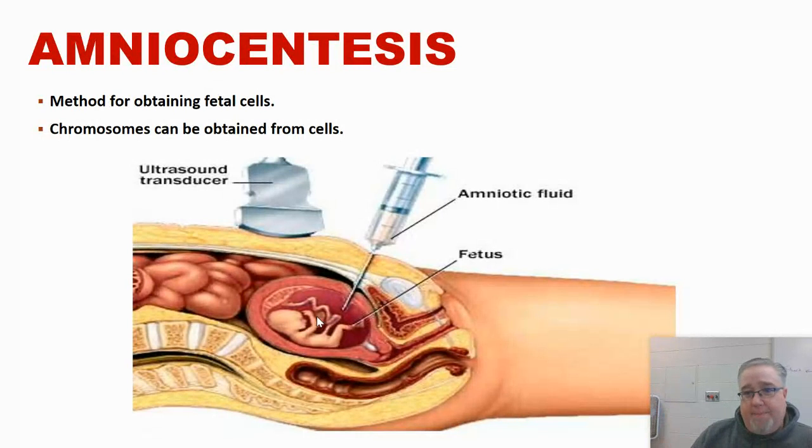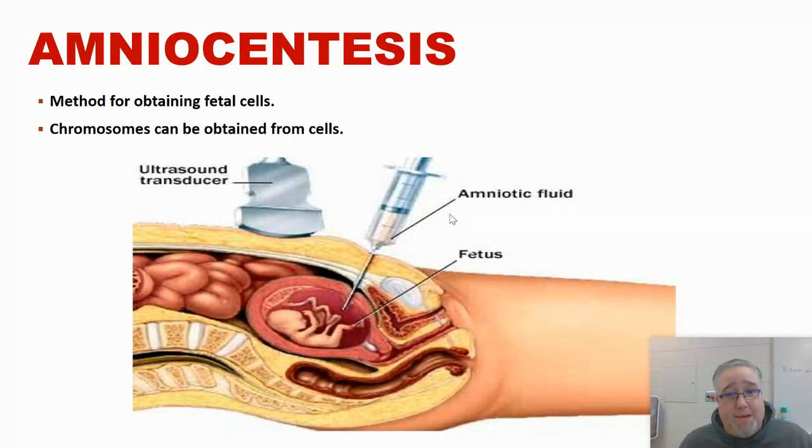The reason they do this more on older women is mainly because the older you are, the more of a chance you can have a baby with a birth defect. Older women have a much higher chance of having children with mutations or birth defects than a younger woman. But there are also other things like family history that come into play as well.